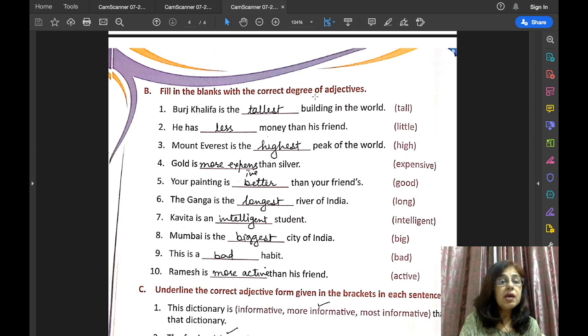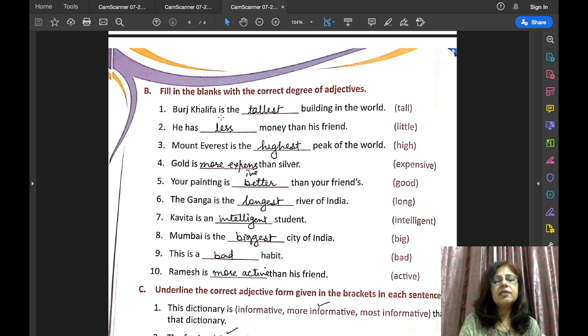If there is no comparison, you will use the positive degree. If the comparison is between two persons or two things, you will use the comparative degree. If the comparison is between more than two persons or things, you will use the superlative degree.